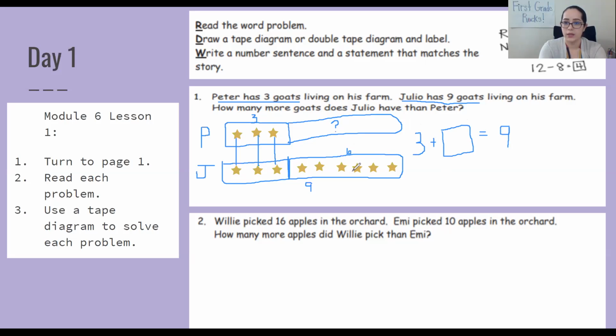Okay, and we already solved, and we saw that Julio had 6 more. So I'm going to write in my answer, and then I'm going to write a statement to go along with my drawing. So I'm going to say Julio has 6 more goats.